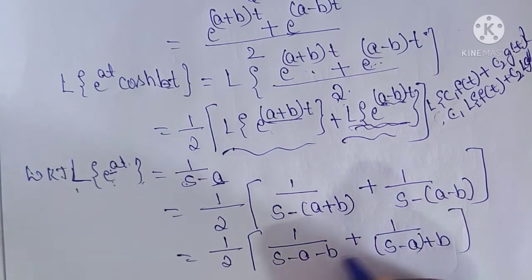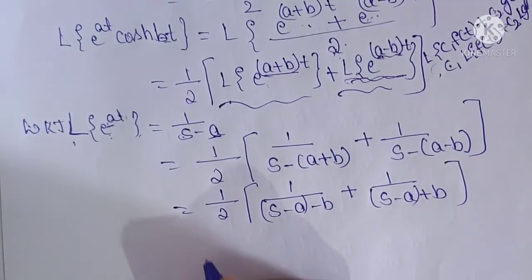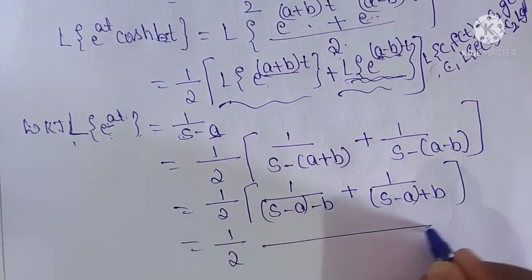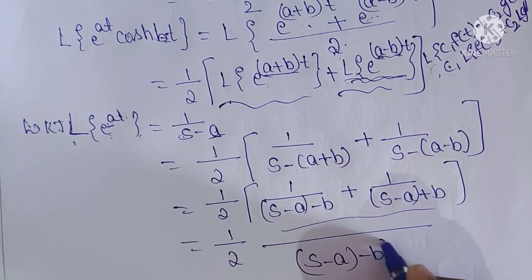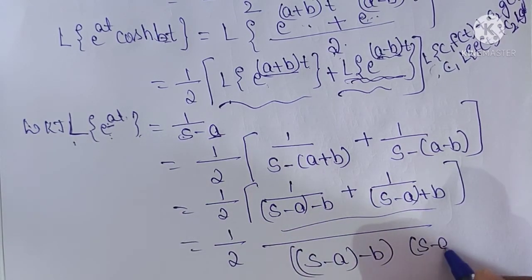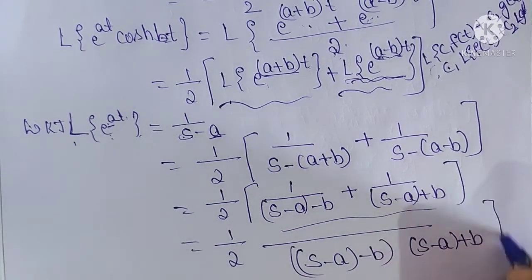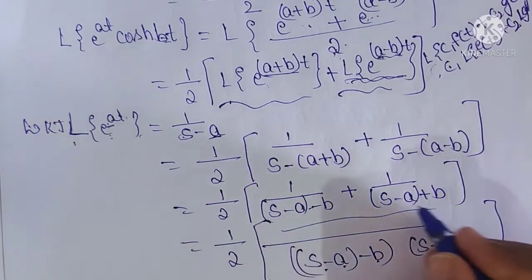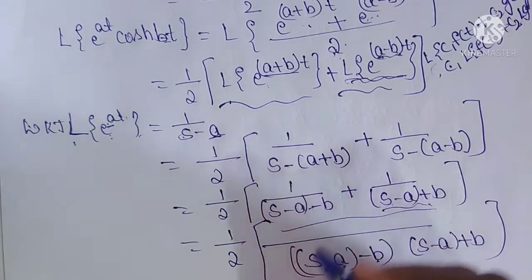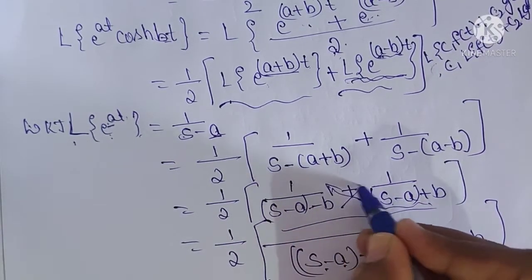Here s minus a, make it one group. Now you take the LCM of these two terms, we get s minus a minus b into s minus a plus b. Remaining s minus a minus b gets cancelled. The remaining term you multiply to the numerator, that is cross multiplication.